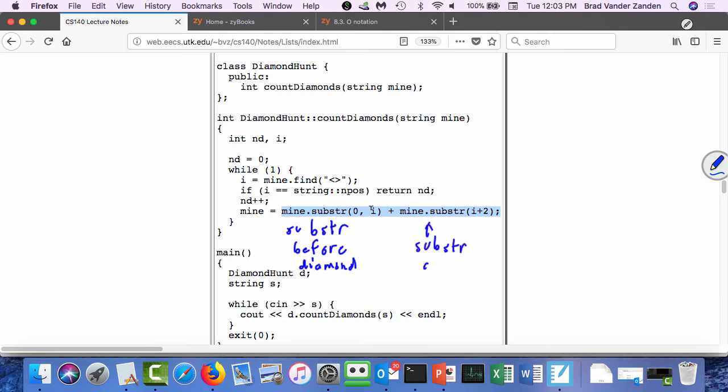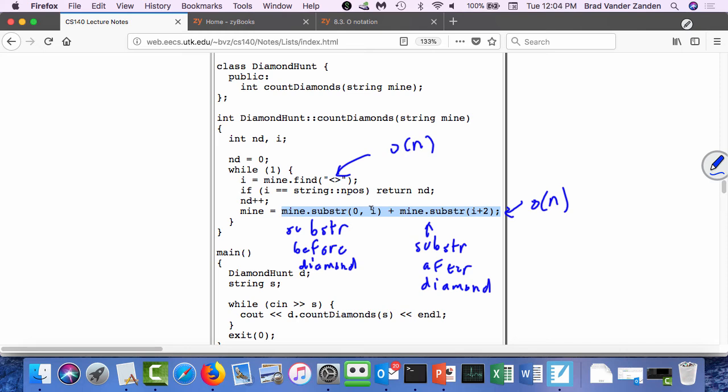Okay? The problem with this approach is that find takes order n time. If n is the size of the string, it takes order n time to find a diamond. And it also takes order n time to get this new string, because essentially you're taking all but 2 characters from the string.